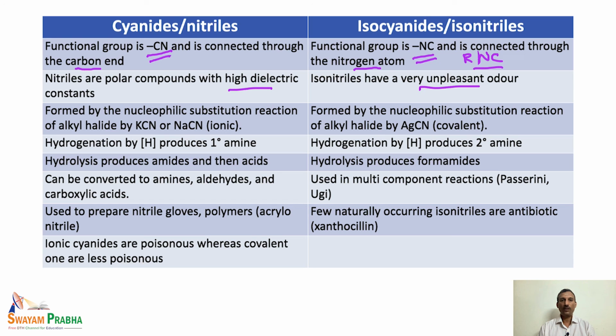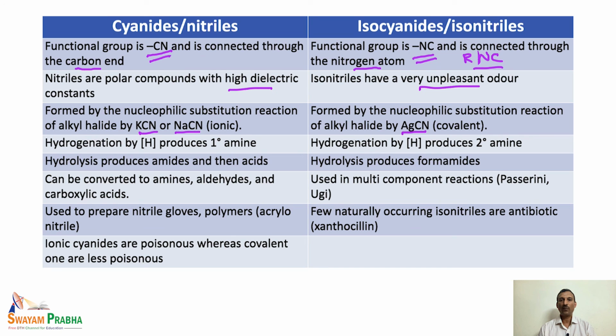And basically the cyanides can be formed from alkyl halides. So, the reaction of alkyl halide with either KCN or sodium cyanide, which is an ionic substance, leads to the formation of nitriles. But the same alkyl halides, when treated with silver cyanide, produce the isonitriles, because silver cyanide is a covalent compound.